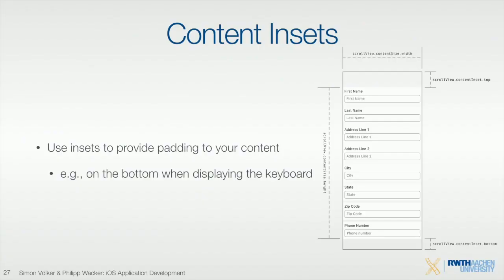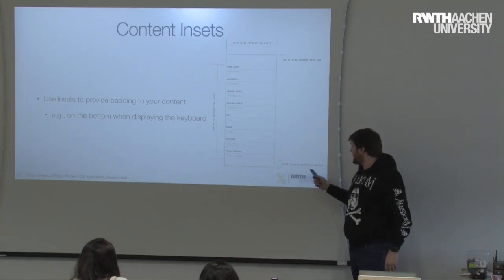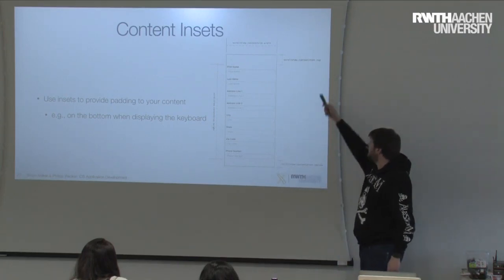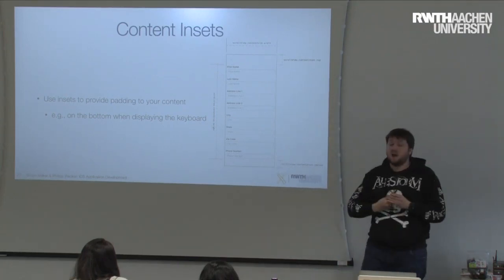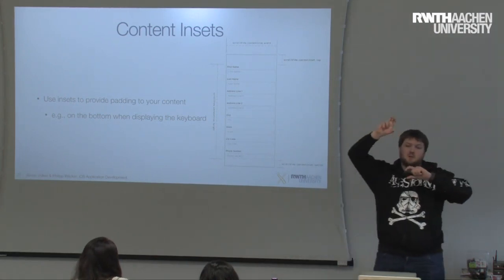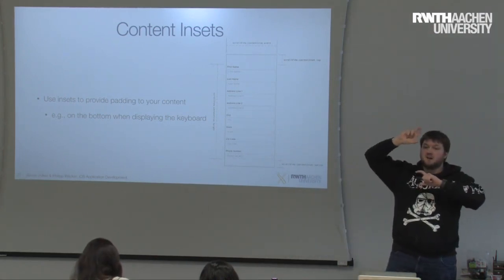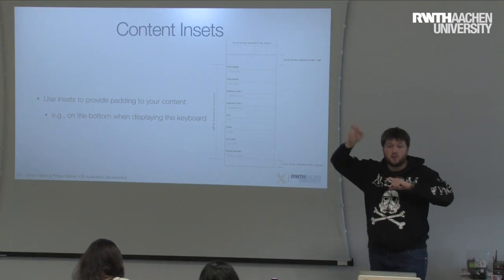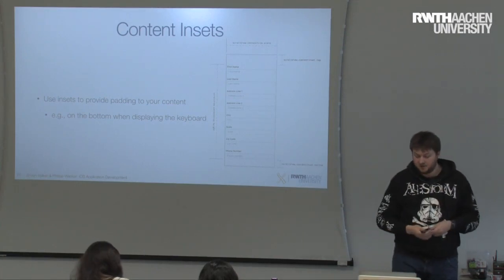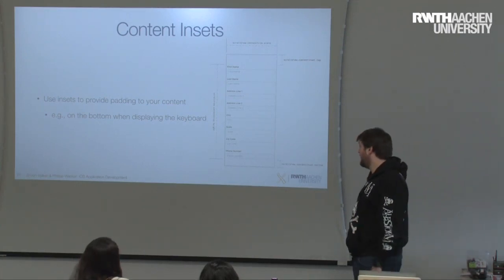But how you would react is by setting the content insets. That's basically the padding that you have from your container view to the view inside. So, for example, if I set a content inset at the top or bottom, that means on the top and bottom I have a little bit more space that it will scroll through, even though there is no information in there.